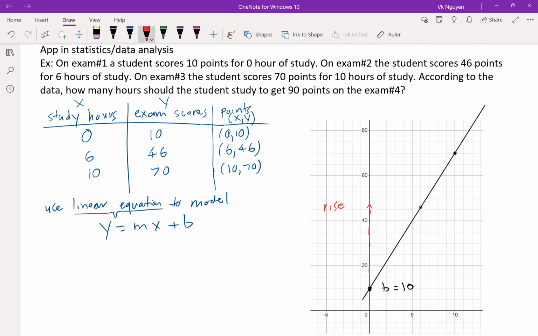So that's rise. Rise is going to be the difference between the y values. This point right here is the second point, 46. That is 46 minus 10, which is 36. We do the run.